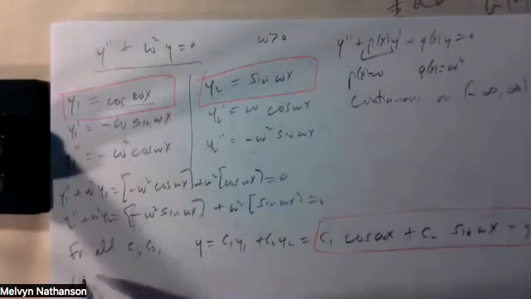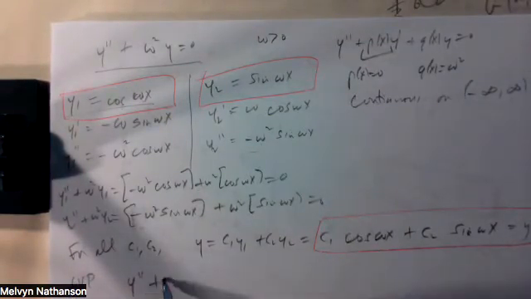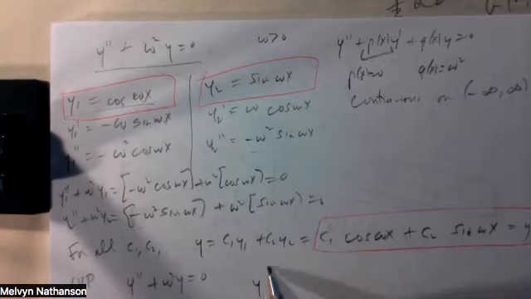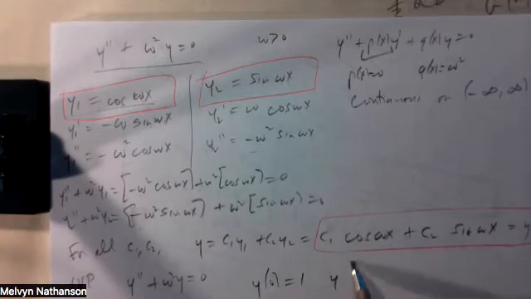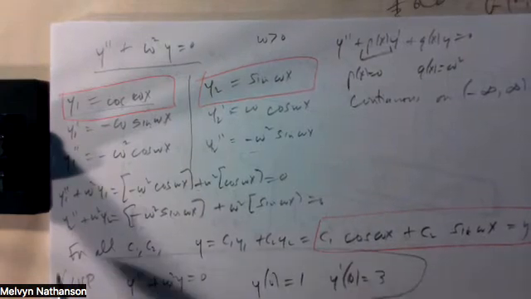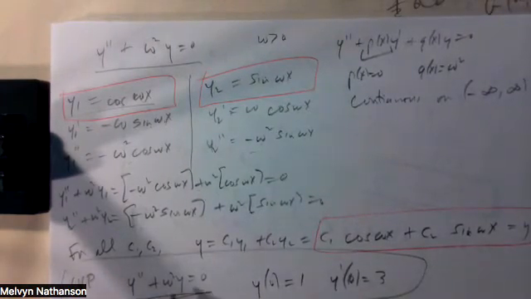So suppose we have the initial value problem, y double prime plus omega squared y equals 0. Find a solution of this differential equation which satisfies the initial conditions that y of 0 is 1 and y prime of 0 is equal to 3. So here is my second order homogeneous linear differential equation.